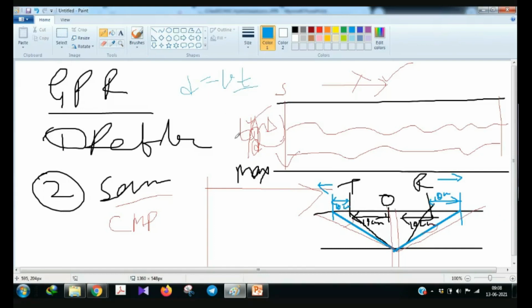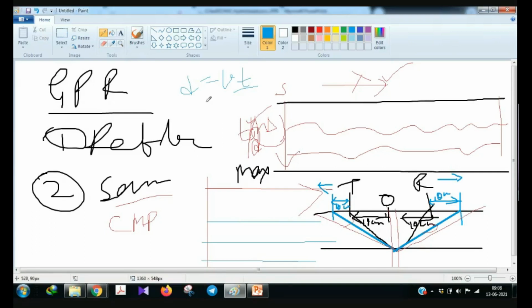For this reason, we generally first do the sounding at a point. Suppose I am surveying at a coastal region or a fluvial region, and there are 4 or 5 layers in the subsurface up to 30 meters. At first I'll be doing the sounding, that is the common midpoint survey, CMP. After doing CMP, we will have the velocity of the different layers. So this layer velocity you will know, and this layer velocity you will know.